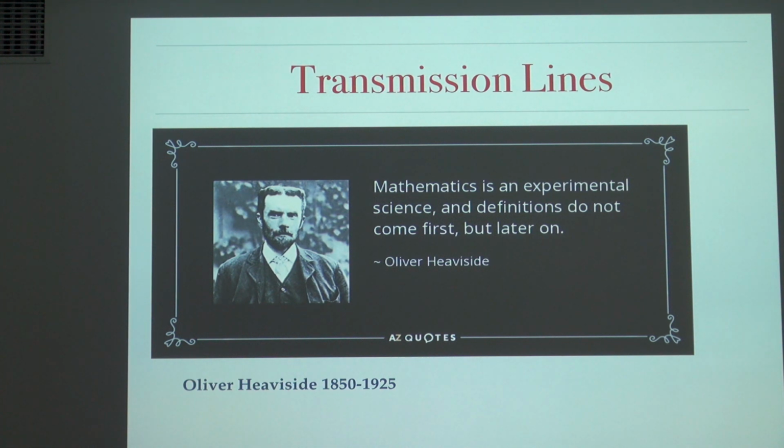The vector notation was independently developed in the United States by the mathematician Josiah Willard Gibbs, the first professor of theoretical physics in the United States, at Yale University. But the application was Heaviside's.